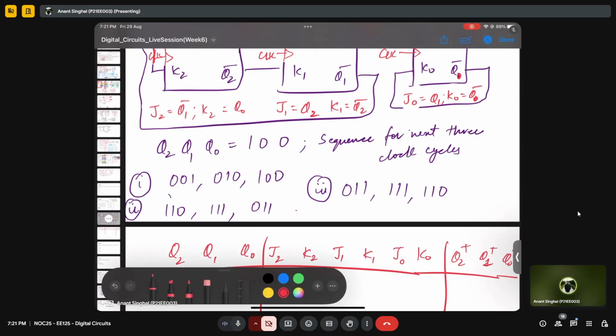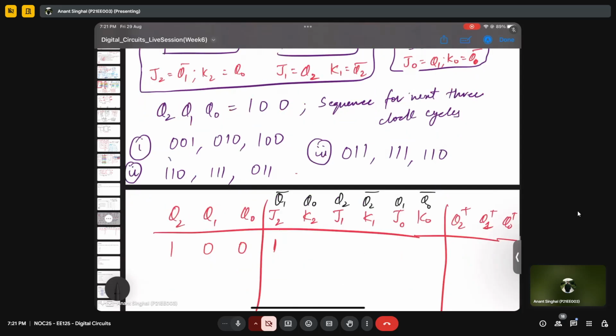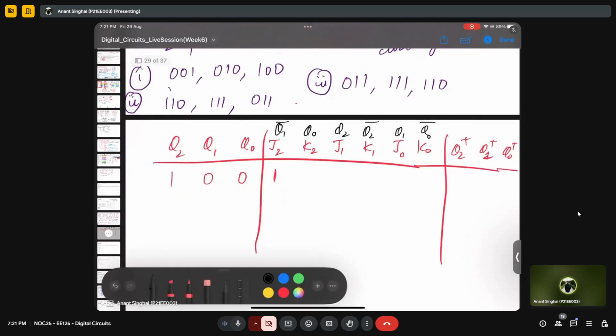Let me quickly write here also, that will be easier. So this is actually Q1 bar, this is Q0, this is Q2, this is Q2 bar, this is Q1, this is Q0 bar. So now using this relation I can easily find out.